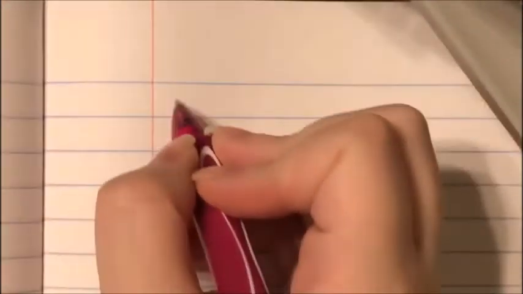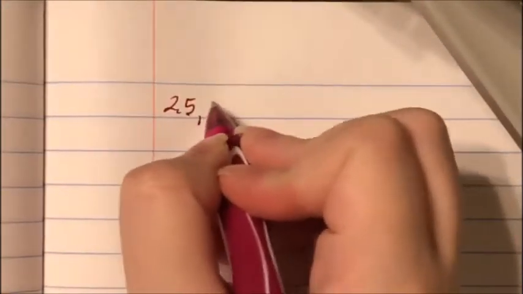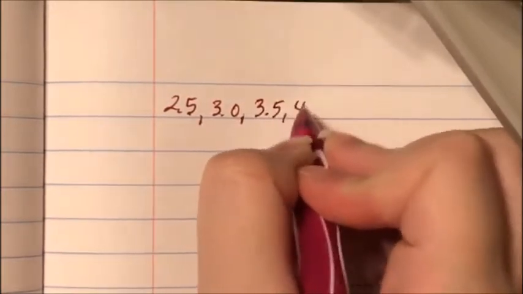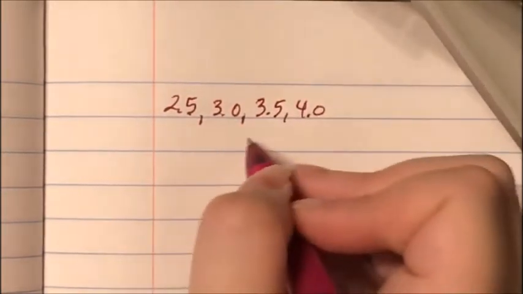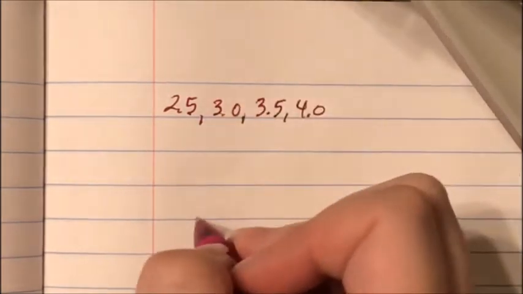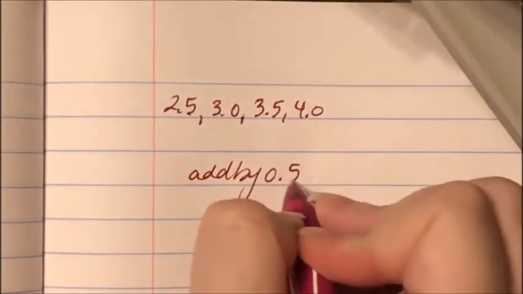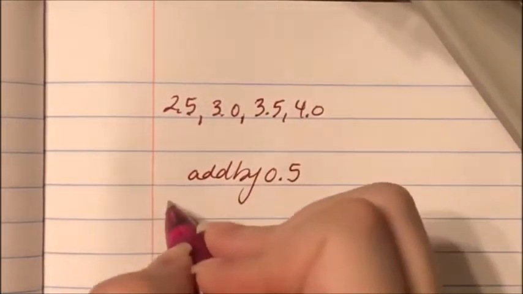If my sequence is 2.5, 3.0, 3.5, 4.0, okay? What am I doing each time? I add 0.5.